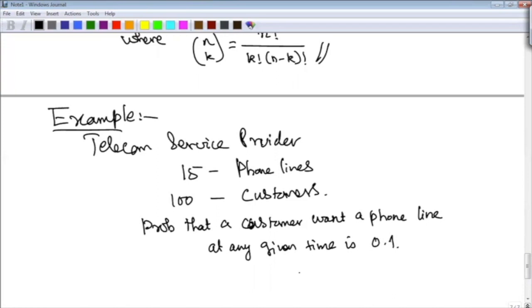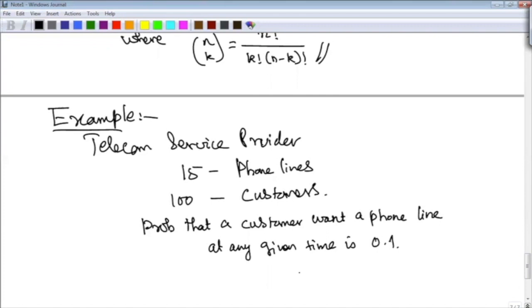Okay. And it is independent. So one person wanting a phone line doesn't depend on anybody else. He or she decides by themselves, okay, I want to make a phone call. It doesn't depend on any other customer of that service provider.